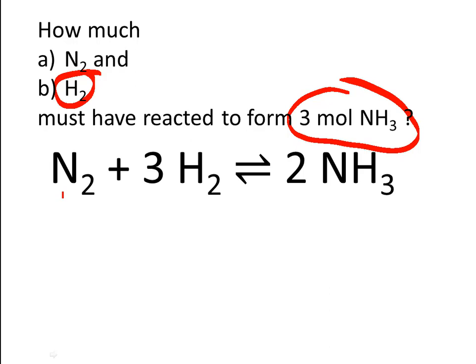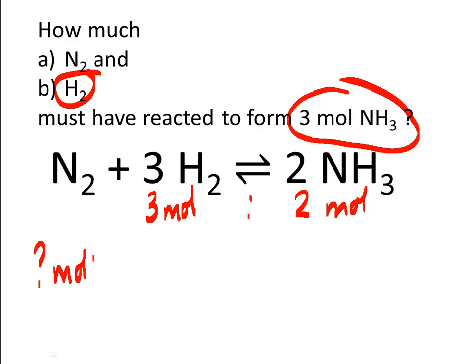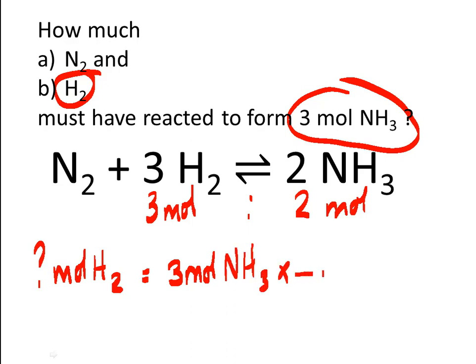We know that the ratio in which they react is 3 moles of hydrogen for every 2 moles of ammonia produced. So our question is, how many moles of hydrogen must have been reacted in order to produce 3 moles of ammonia? We apply the reaction ratio which we get from the balanced equation to this specific situation.